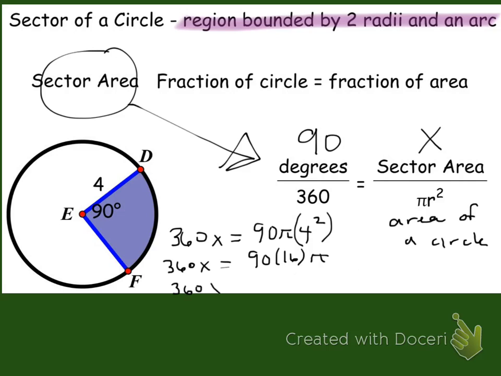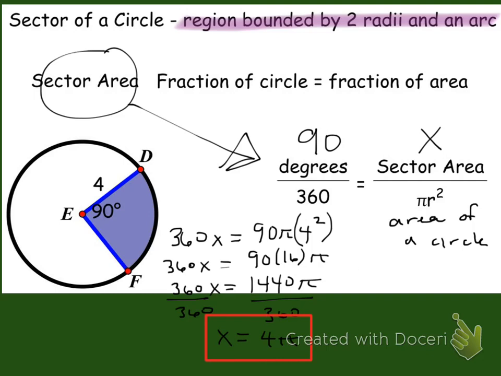We have 360x is equal to 90 times 16, which is 1440 pi. Then I can divide everything by 360. 1440 divided by 360 gives us x is equal to 4 pi, and sometimes that'll be an acceptable solution if it asks you in terms of pi. So our sector area would be 4 pi.